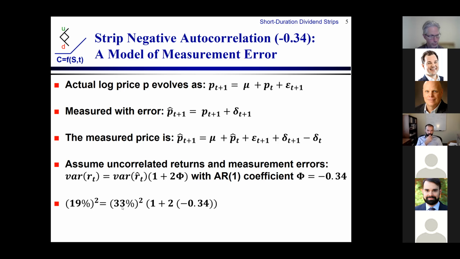This is what we observe in the market. This is the volatility of the strip returns, 33%, times 1 plus 2 times minus 0.34. This is our measured AR1 coefficient from the data. The whole right-hand side we observe, and we back out the left-hand side.